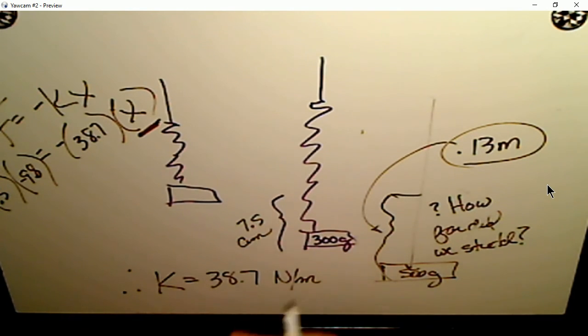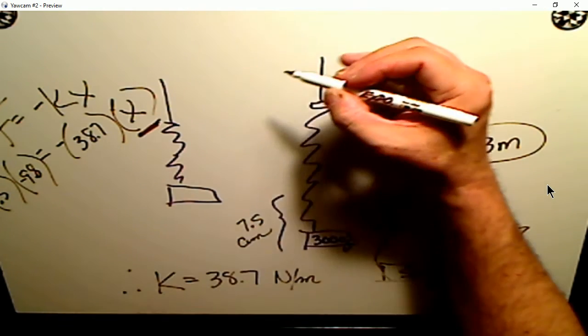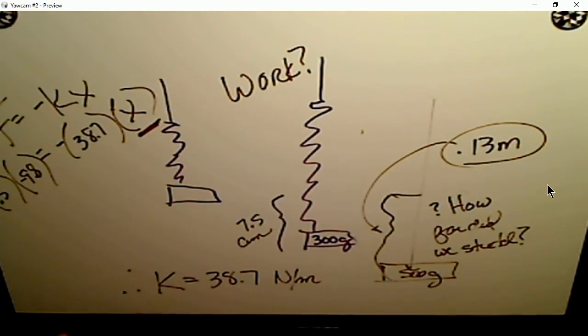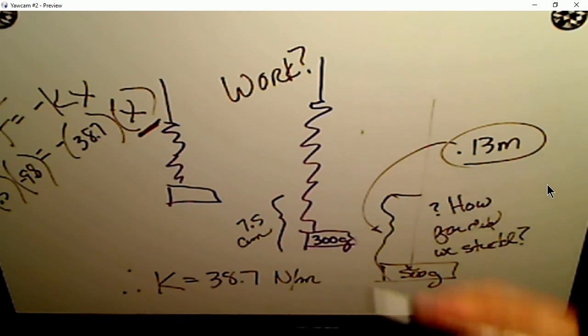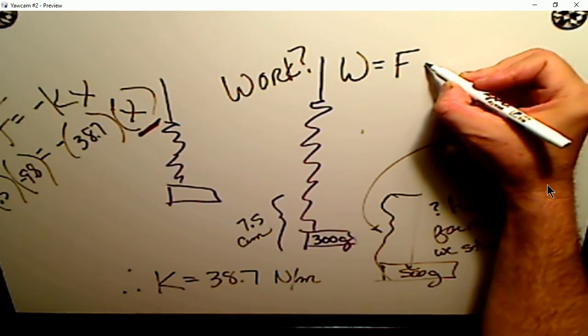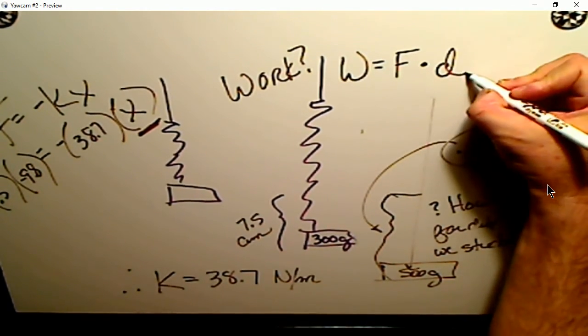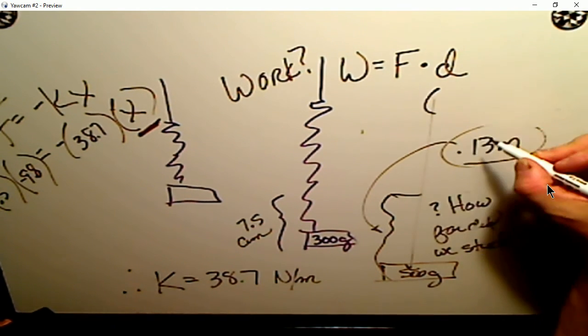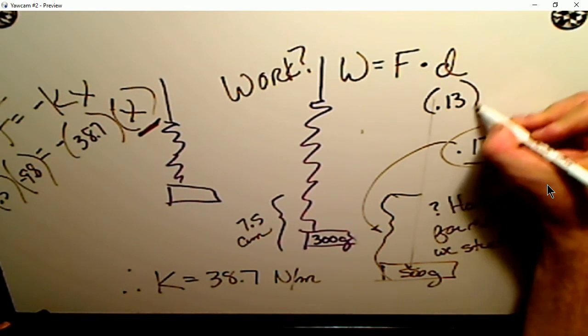Now, you also might get a problem that asks for work. How much work was done? Well, we know that work is force times the distance that force is done over. We know this distance here, in this case, is 0.13.